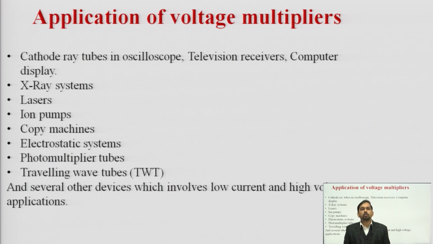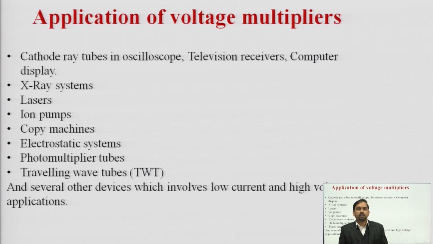In the CRO, cathode ray oscilloscope, we have a cathode ray tube fitted inside, which requires a very high voltage. This high voltage is developed by the voltage multiplier, because the electron gun fitted inside the oscilloscope requires a high voltage for the emission of electrons.